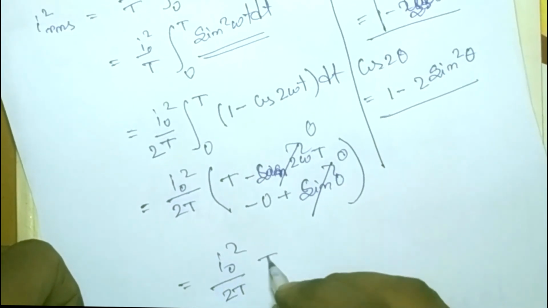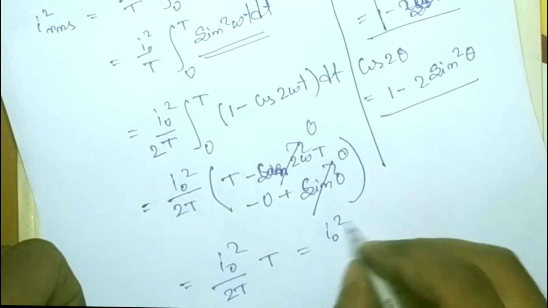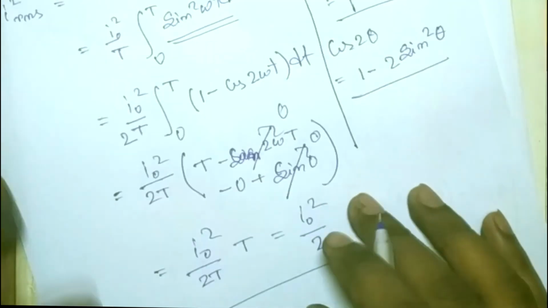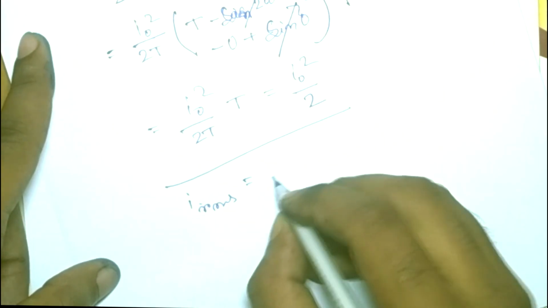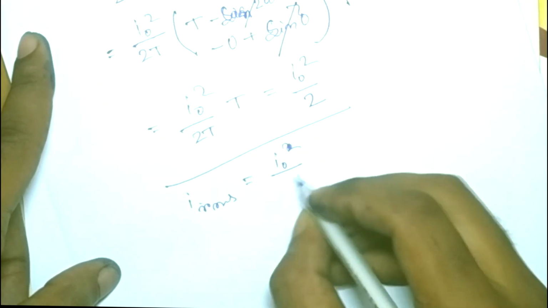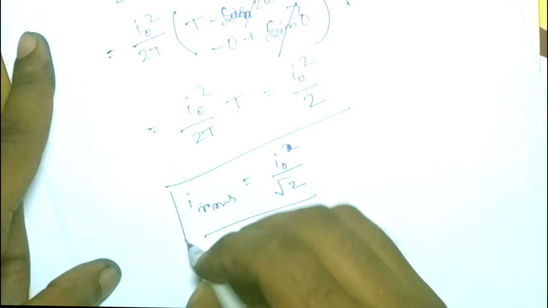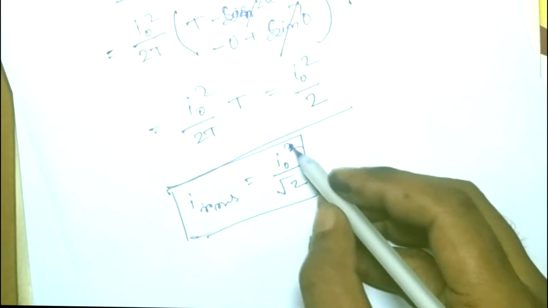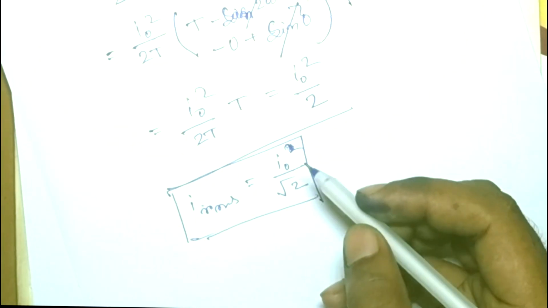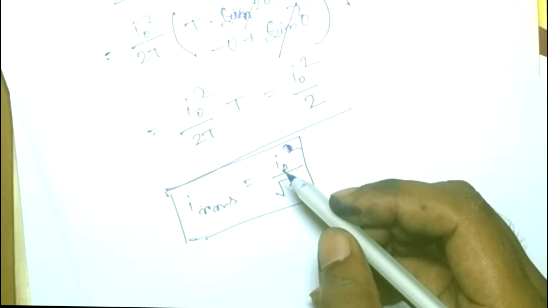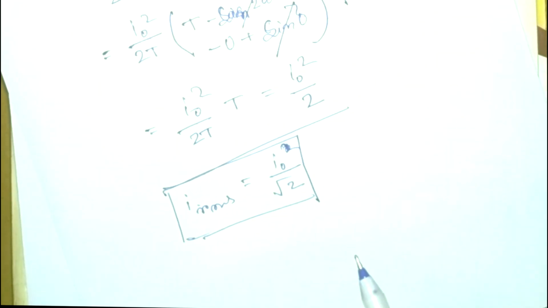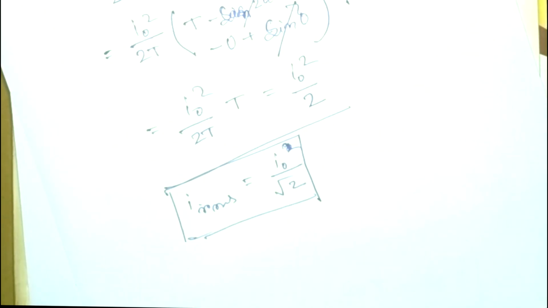So I0 square by 2T times T equal to I0 square by 2. So I_RMS equal to I0 by root 2. This is a really important formula to calculate the I_RMS from the maximum value of the current. We'll just divide it by root 2 and we get the RMS value.